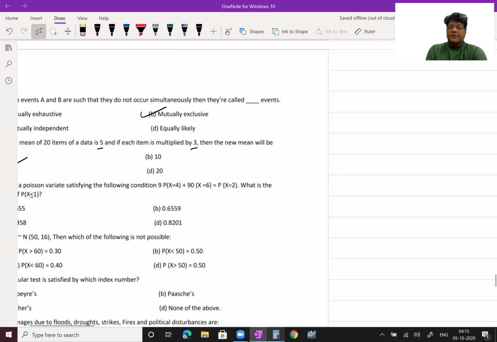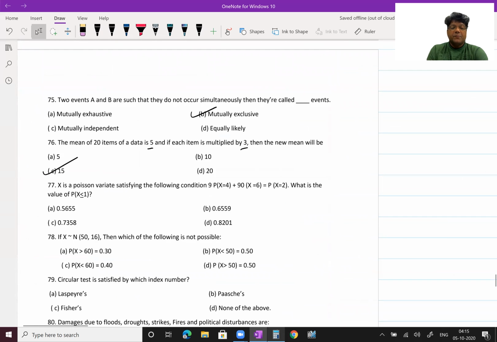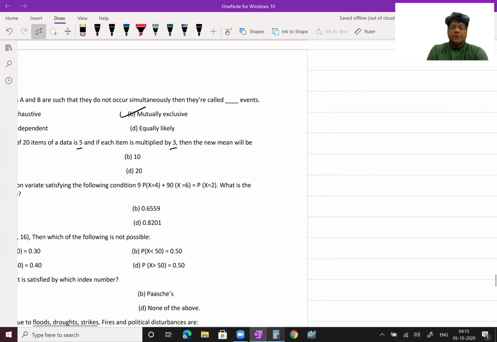So it is written: Poisson variate, 9 into P of X is equal to 4 plus 90 P of X is equal to 6. 90 P of 6 is equal to probability of X is equal to 2, that is P of 2. Now what's the formula of Poisson?